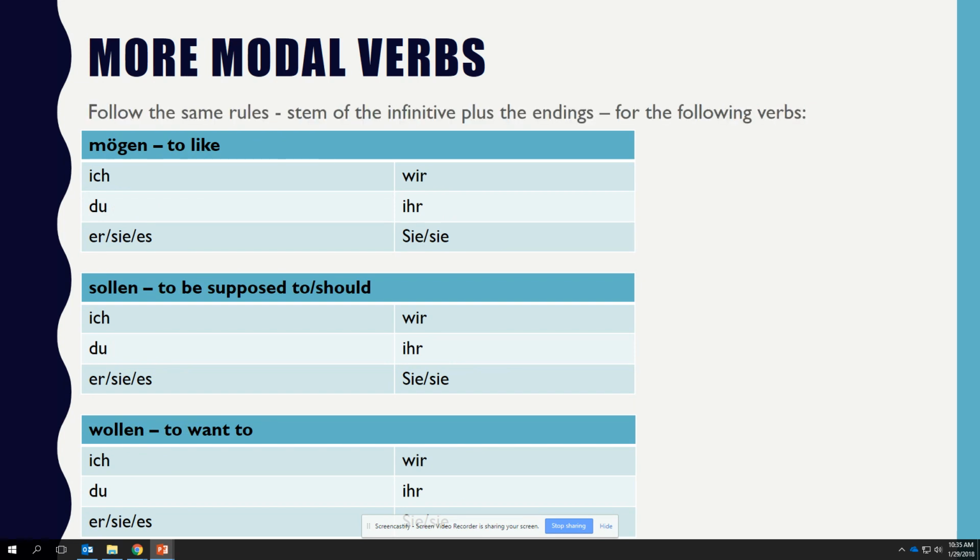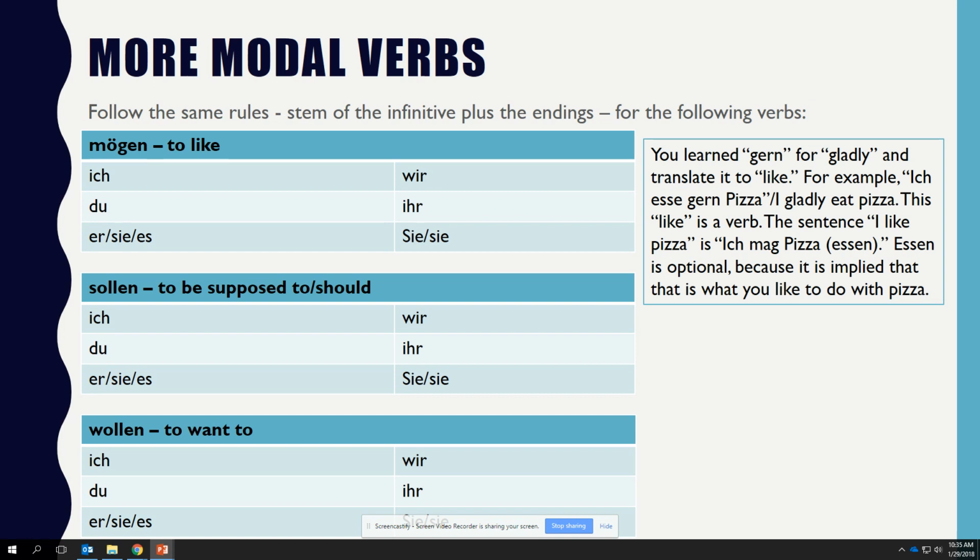We're going to look at some more verbs. Follow the same rules again, stem of the infinitive plus the endings for the following verbs. You may wish to pause the video now so that you can try to conjugate these on your own. For mögen, you learned gern for gladly, and you translated it to like. So I wanted to bring this to your attention.